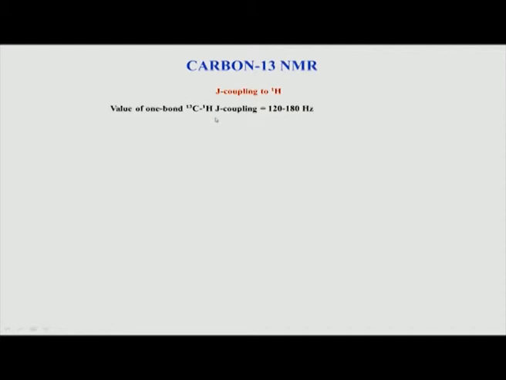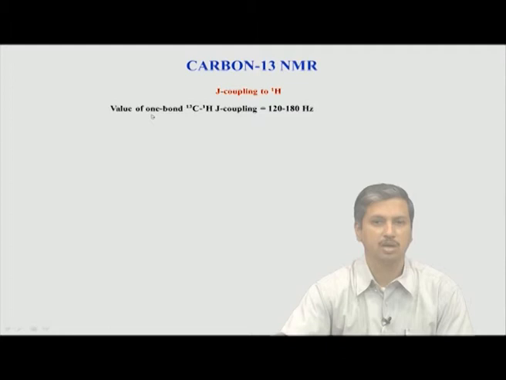Whereas for carbon-proton coupling we are looking at one bond, while in hydrogen coupling it was 2 bonds for geminal and 3 bonds for vicinal. So, the geminal and vicinal couplings were in the range of 5 to 15 or 20 hertz. But in the case of carbon, we are looking at directly one-bond coupling, and that comes in this big range, a very big value.